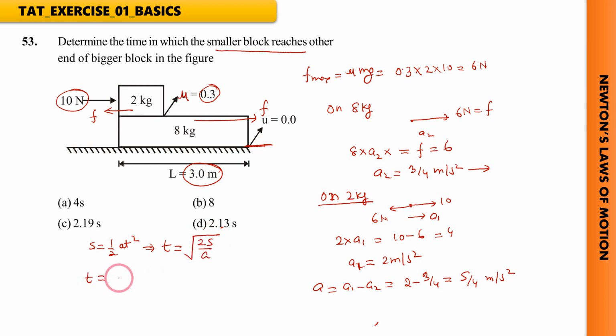Now substitute and simplify: root under 2 into 3 upon 5 by 4. So 4 will go in the numerator, so this is root under 24 by 5, approximately 5, and taking the square root, it comes approximately 2.19 second. So the answer is C.